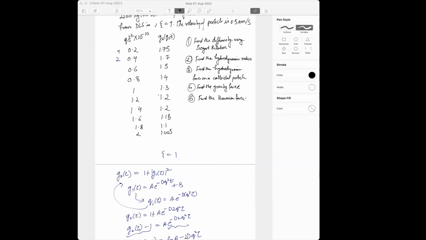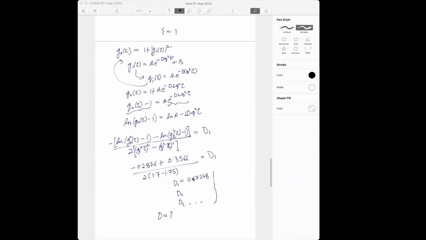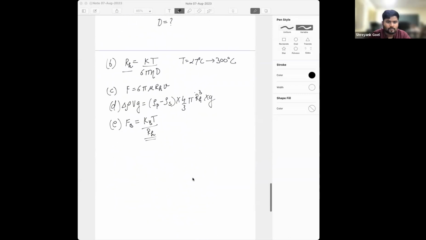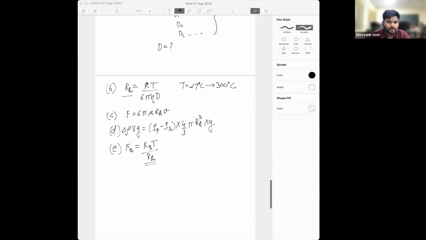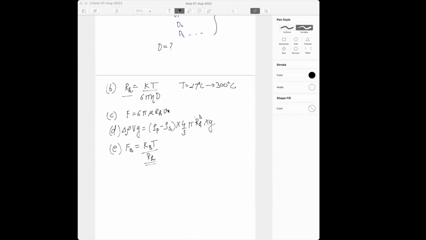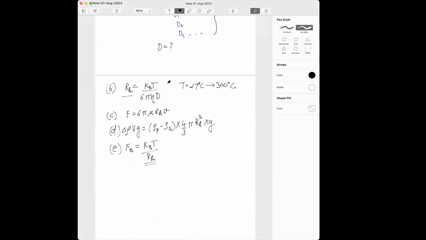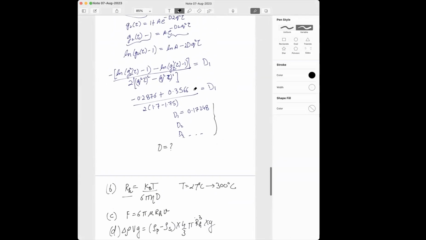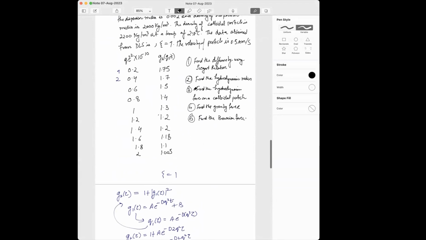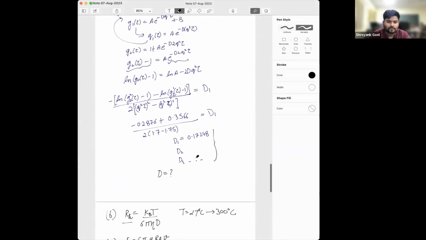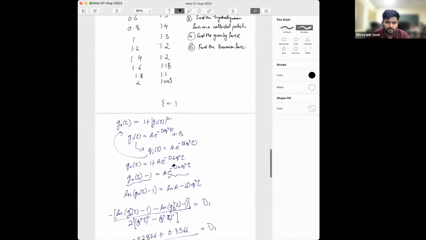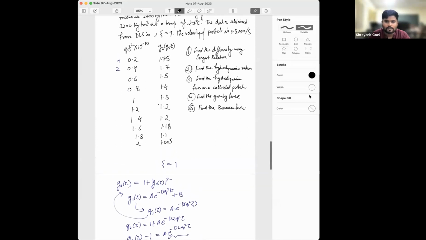Sir, what is the value of K? So this is the Boltzmann constant. Okay, sir. But first you should find out the diffusivity. You need to find the average of the diffusivities. I will give you the answer shortly. Just try this.